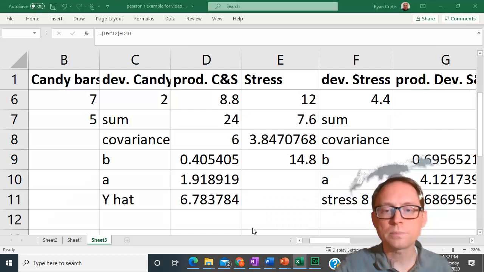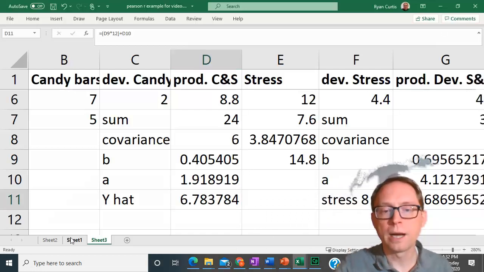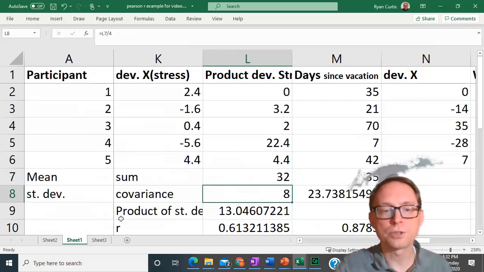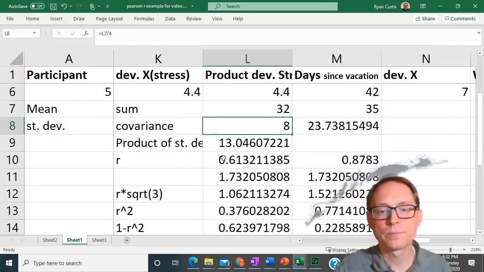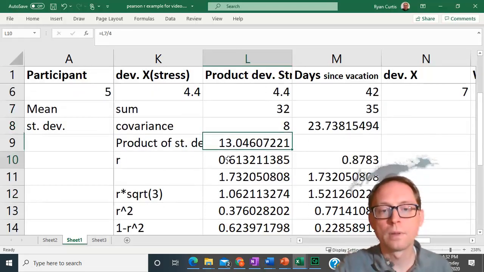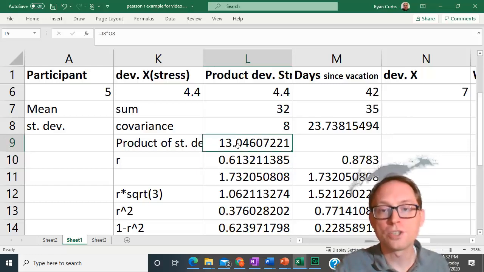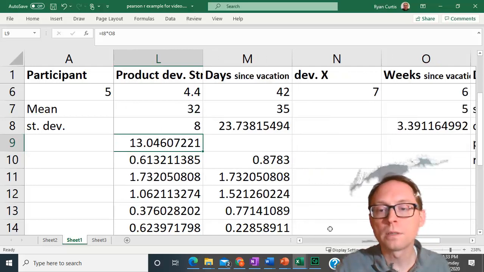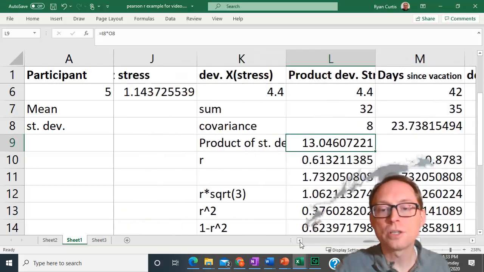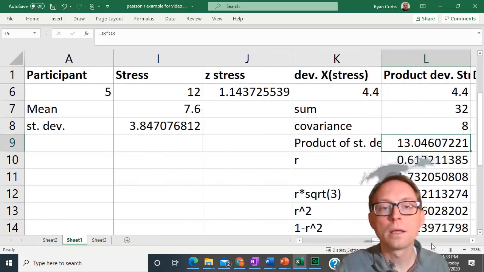If you remember, we had talked about the candy bars and stress and all that stuff. So, for example, this right here was the R, the Pearson's R correlation between weeks since your last vacation and your stress.